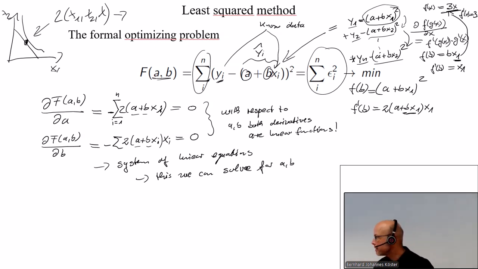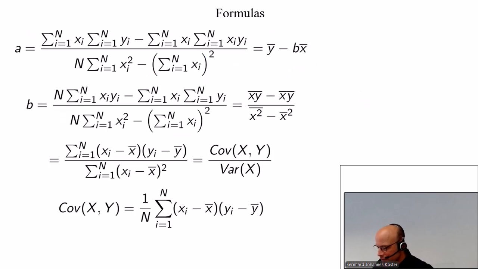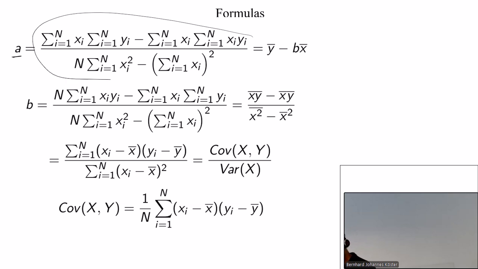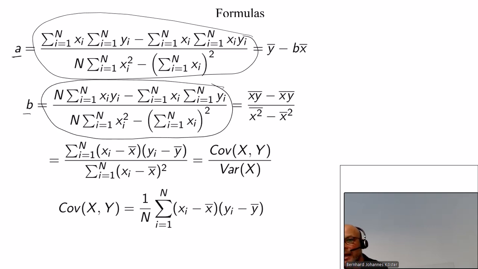Yeah, and don't be too much surprised. The solution of this system then looks a bit horrible. So if you do now all the calculations, then you end up that the parameter a is just this term, and the parameter b is given by this term.